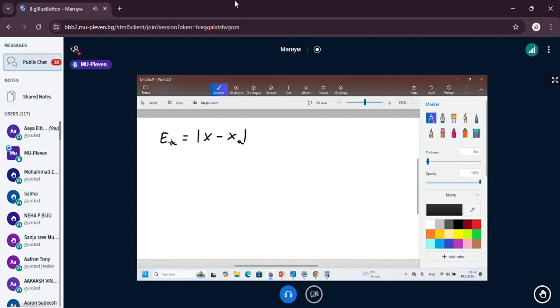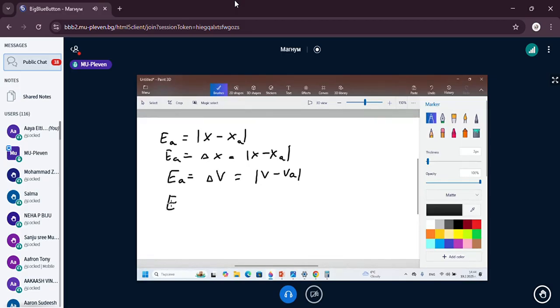Sometimes instead of E_A, it is written delta x. Delta x being x minus x accepted. If you measure, for example, volume, absolute error can be written as delta V. And it is the volume which you measure minus the true value of the volume.